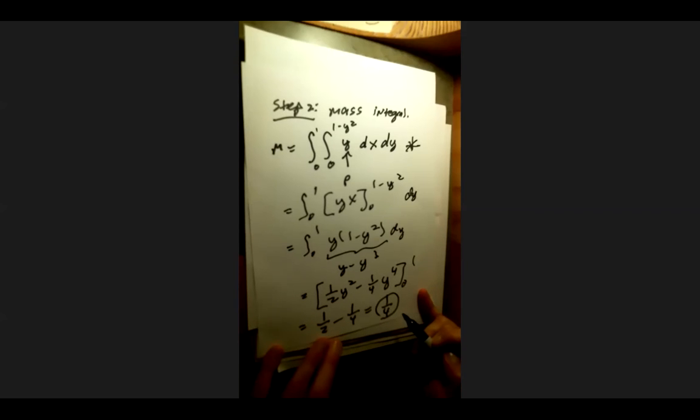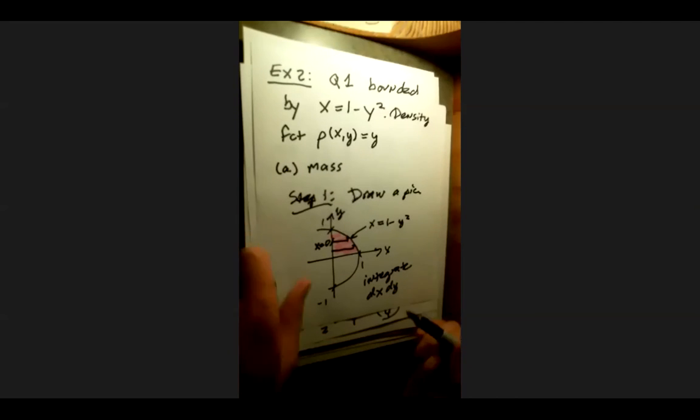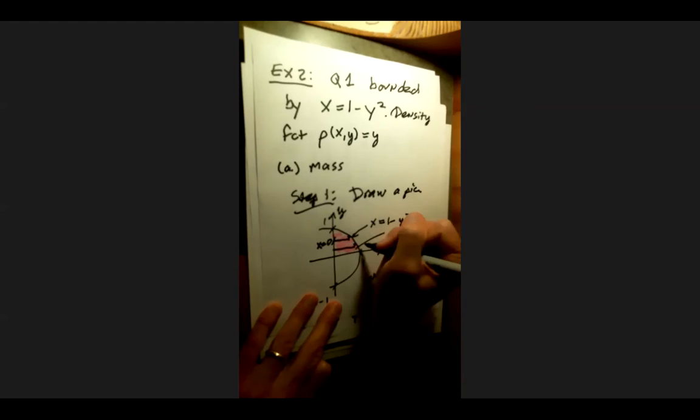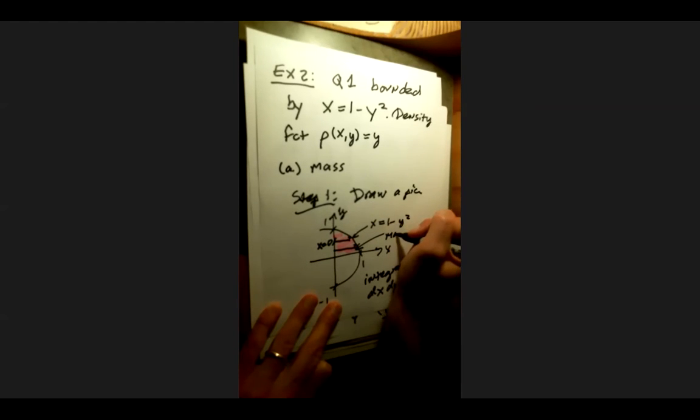What does this 1/4 represent? Mass. Mass, exactly, and that would be the mass of this region back here at the start. So we're saying this pink region has mass equal to 1 over 4.